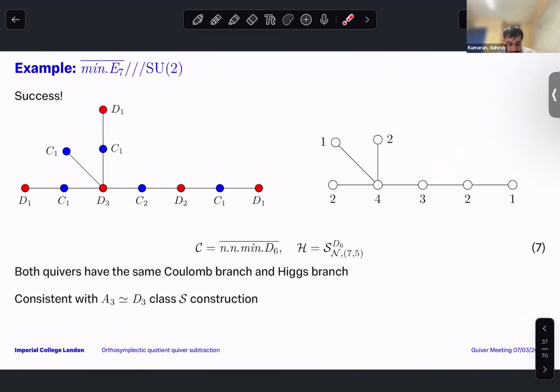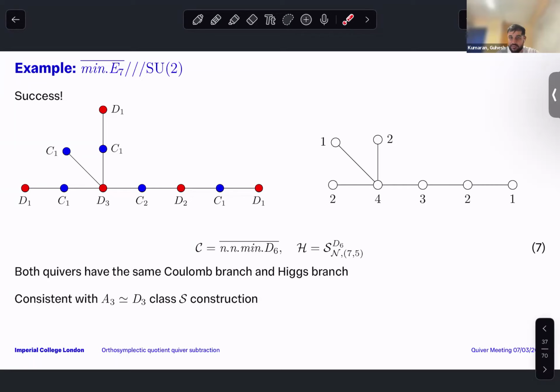And when I compute the monopole formula, we have some success because the Coulomb branch is next to minimal D6. And it turns out if I compute the Higgs branches of both of these guys, they're the same as well. Okay, but maybe this isn't too surprising because this is just an isomorphism between A3 and D3, right?